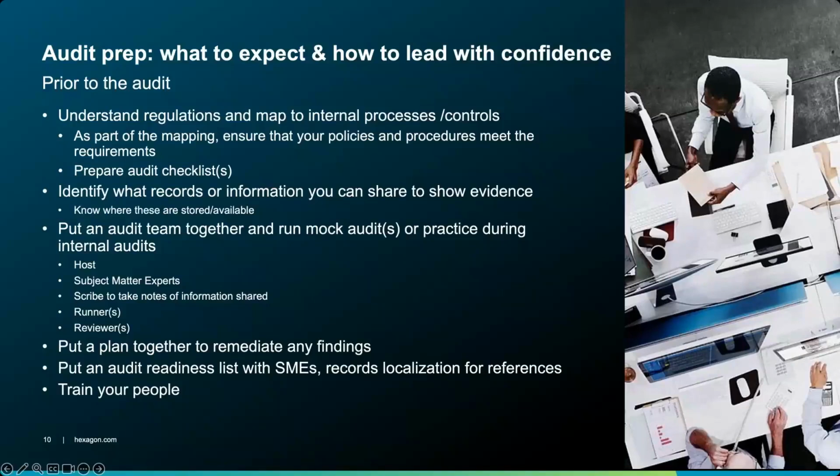Once you have your regulations and your controls, you need to understand what kind of records you're going to have available to show evidence to auditors or any other regulatory bodies. So you need to know where they are, and you need to know that they are available. Jennifer mentioned that if they're all centralized in a QMS, it's a lot easier to find something than running around a plant and trying to find documentation.